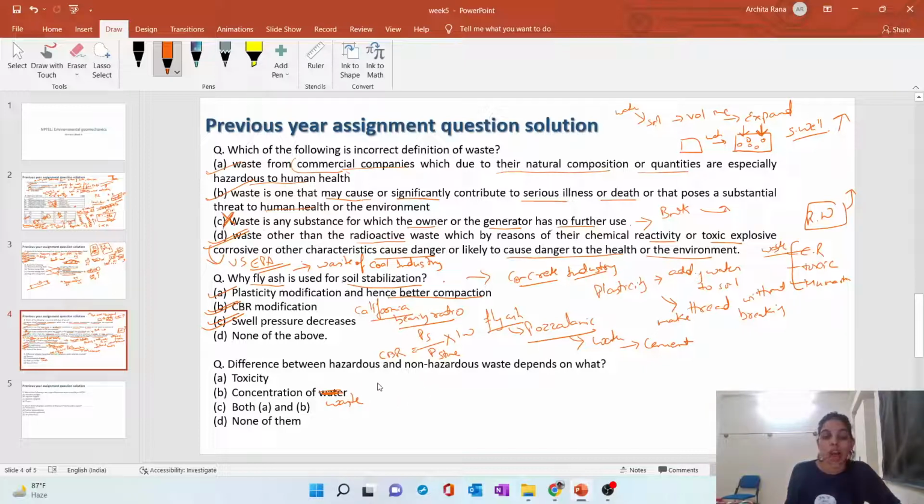So how much concentration that waste has, is it 1 mg, or 1 kg, or 10,000 kg? Whether a waste is hazardous or non-hazardous is determined by its concentration, how much waste there is, and also the level of toxicity, how harmful it is to human health.